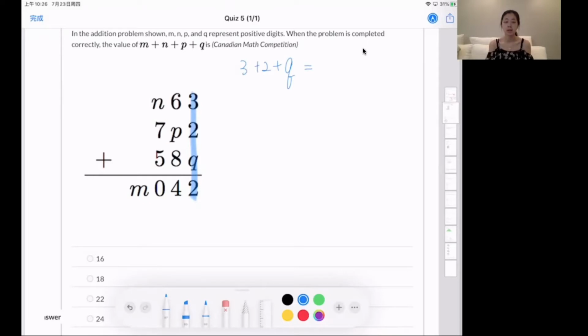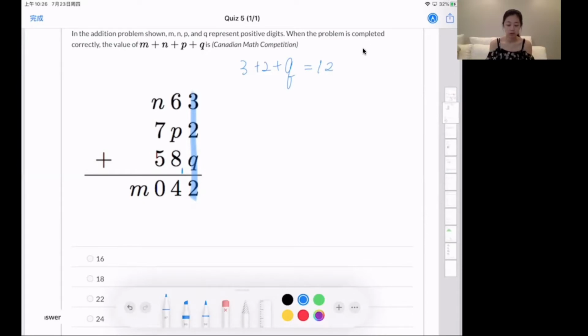It has to be a number bigger than 10 so we can carry over to the tens digit. The smallest number should be 12, and then we assume 1 in the tens digit.